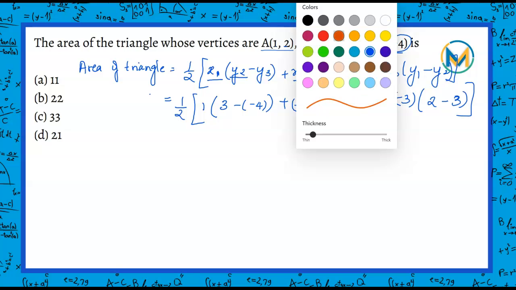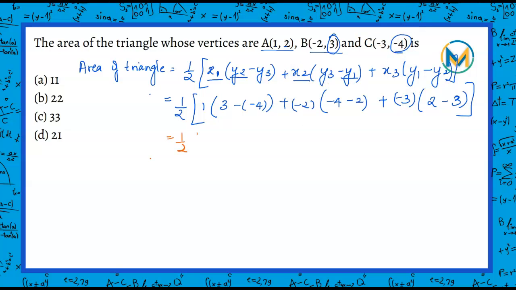Now we'll solve this further. So I get half, 1 into 3 minus minus 4 becomes 7, so 1 into 7 is 7. This is minus 6, minus 6 into minus 2 becomes plus 12. This becomes minus 1, minus 1 into minus 3 becomes 3 here.